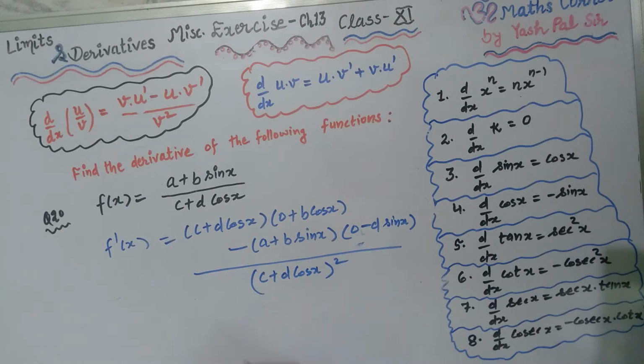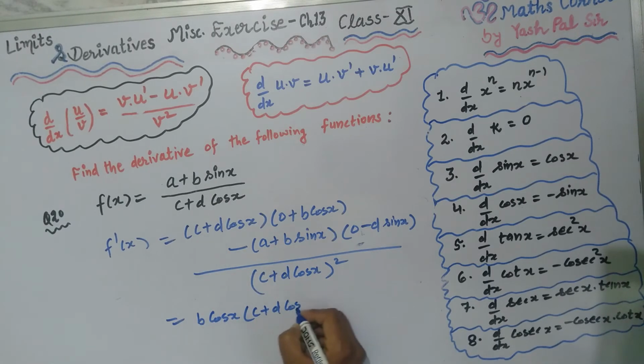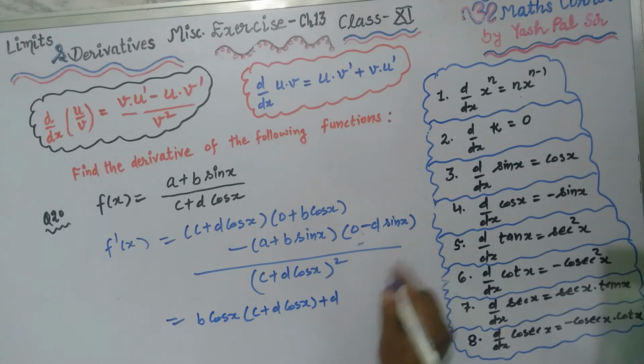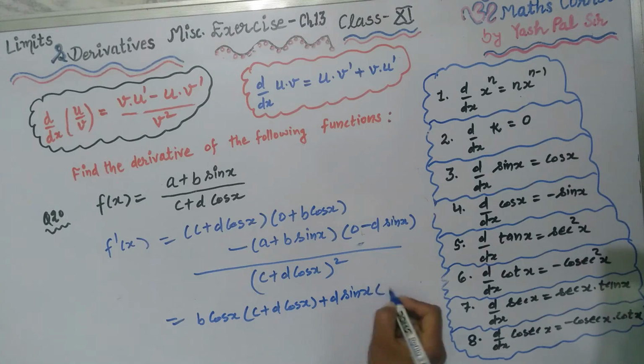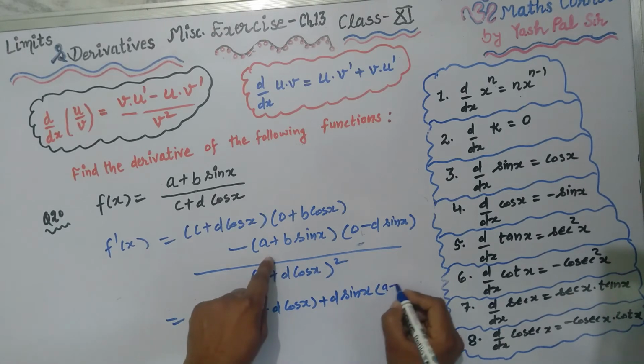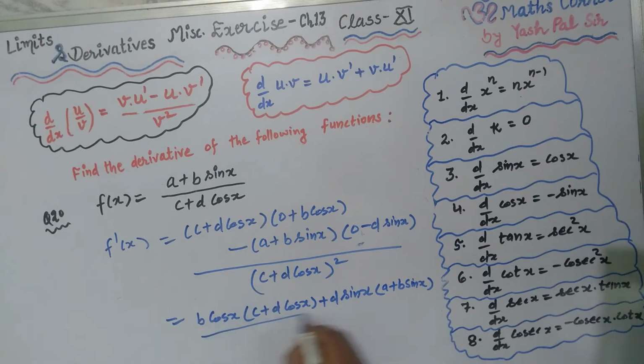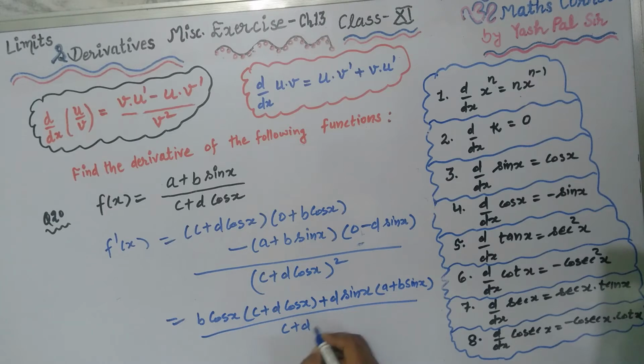Now we simplify, this becomes b into cos x into c plus d cos x, minus into minus becomes plus, d into sin x into a plus b sin x, whole divided by c plus d cos x whole square. So this is the answer to this question, derivative of this function.